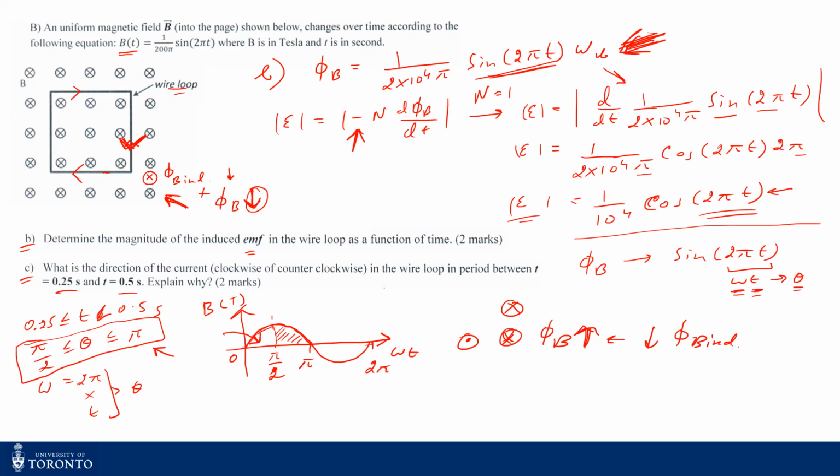For that one, my current direction would have been anti-clockwise, the induced current direction. In that case, it will have an induced magnetic field direction coming out of the page, which is trying to decrease this increasing magnetic field into the page.